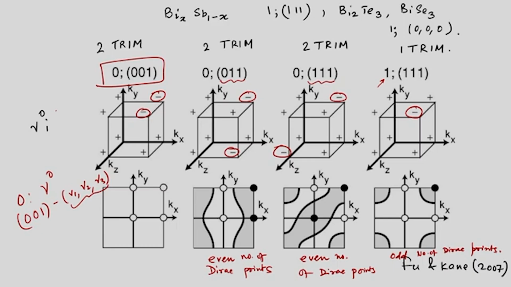Let us see how we can generate a 3D topological insulator from what we already know. We know already the 2D Bernevig-Hughes-Zhang model, the BHZ model.